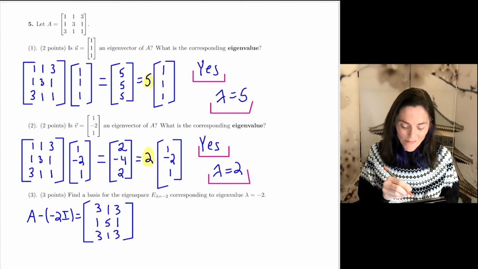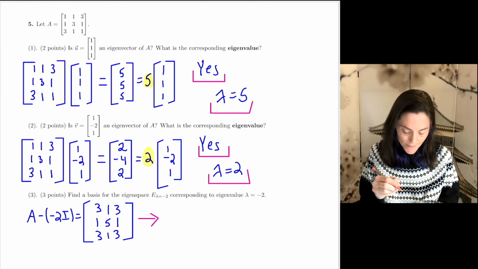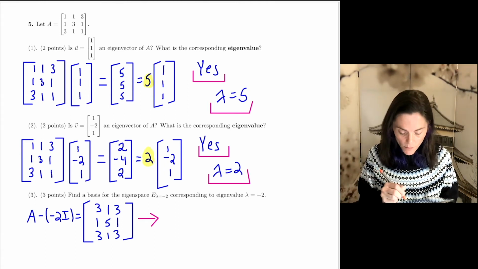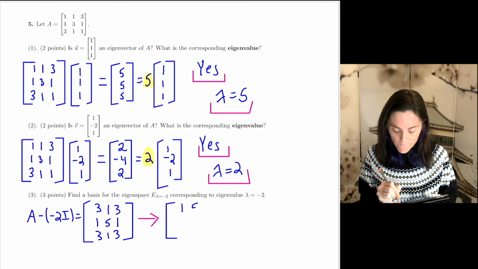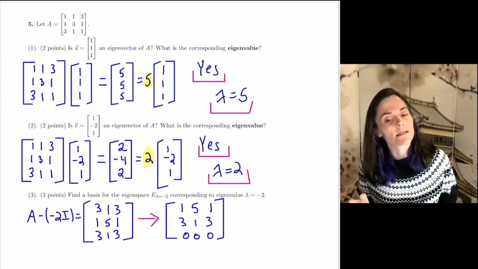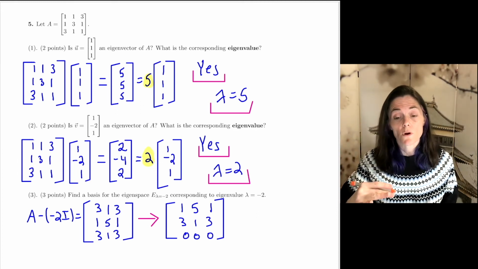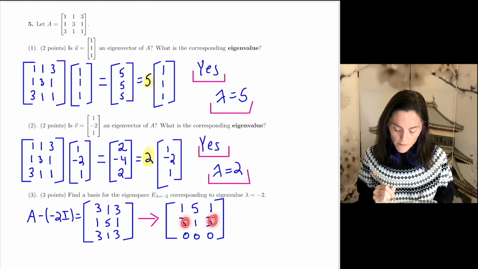Well, what is going to be the reduced row echelon form? You see, the third row and the first row are the same. So I can just get rid of the third row, and I can also interchange 2 rows. So I have 1, 5, 1. I have 3, 1, 3, 0, 0, 0. But what else is going to happen here? We can kind of see it because you can take 3 times the first row and subtract, and that's going to give you zeros here.